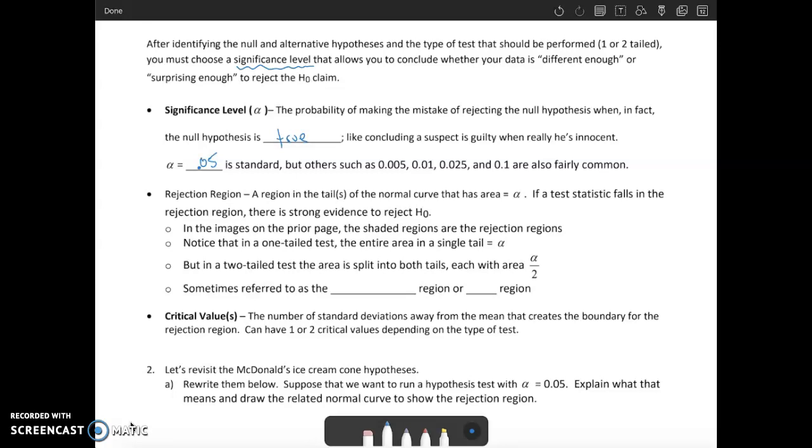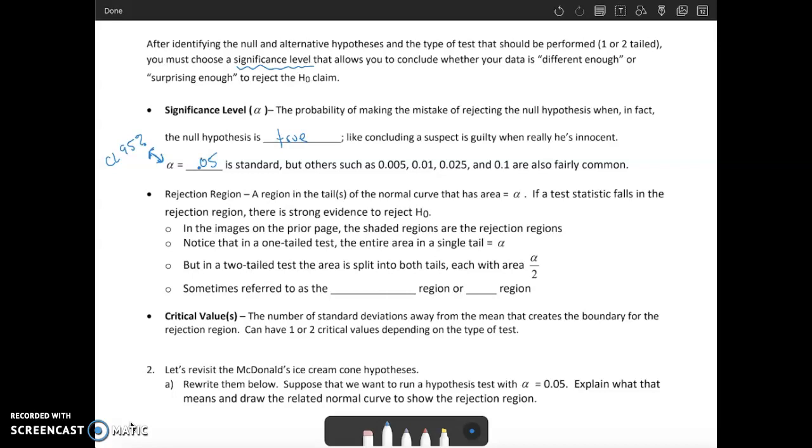Do you remember what alpha is the complement of? Alpha is the complement of a confidence level, and what is the most common confidence level? 95%. So notice how those are related. Our most common confidence level is the complement of the most common significance level, and that's a true relationship.